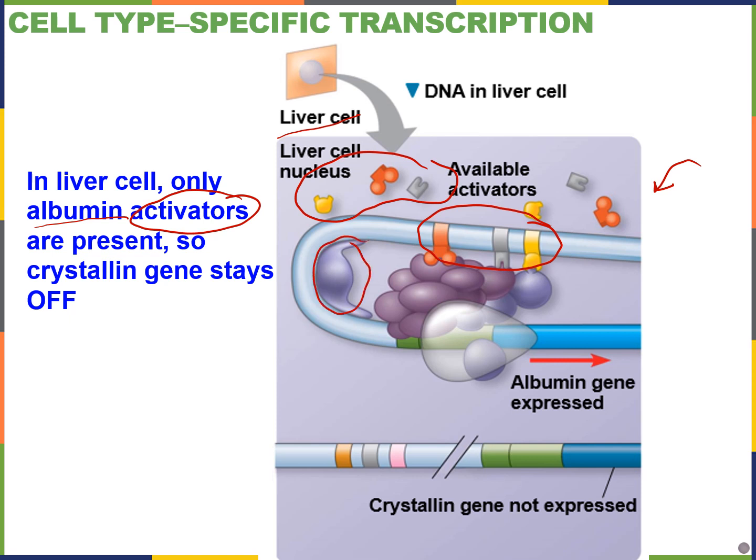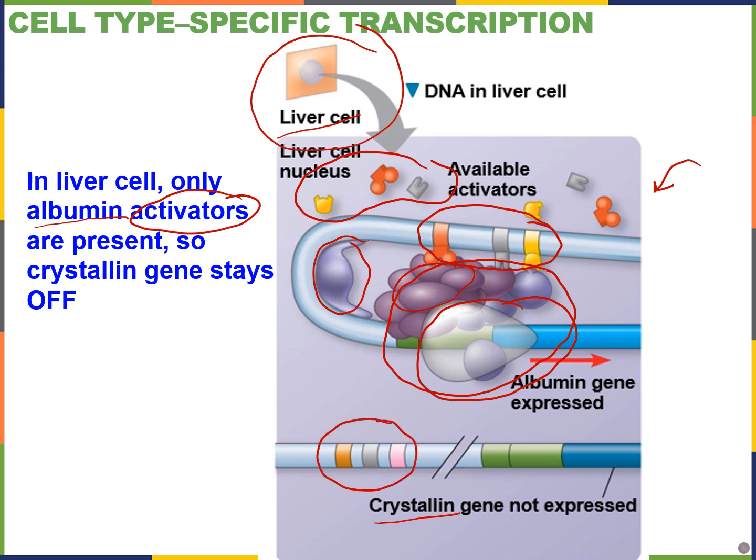And then here's my DNA bending protein, my mediator proteins, and I see an interaction between my activator proteins and my transcription factors, which promotes gene expression. But in the liver cell, there are no activators for the crystallin gene. So nothing happens here. There's no binding, there's no interaction, nothing binding to the promoter, and the gene for crystallin will not be expressed.